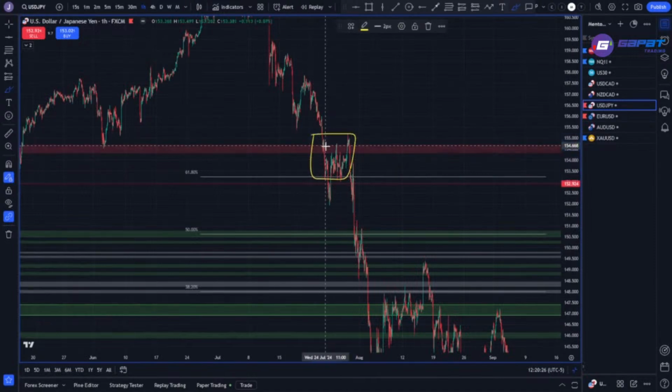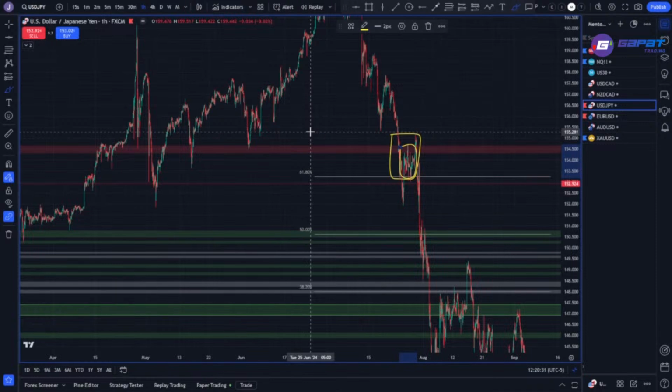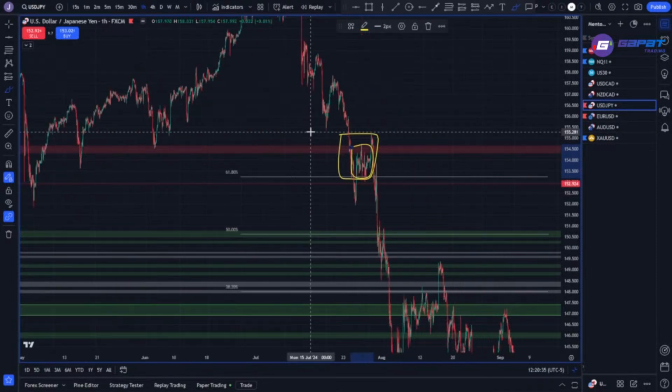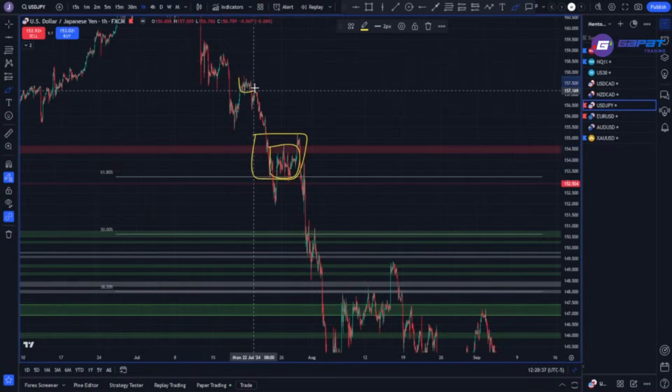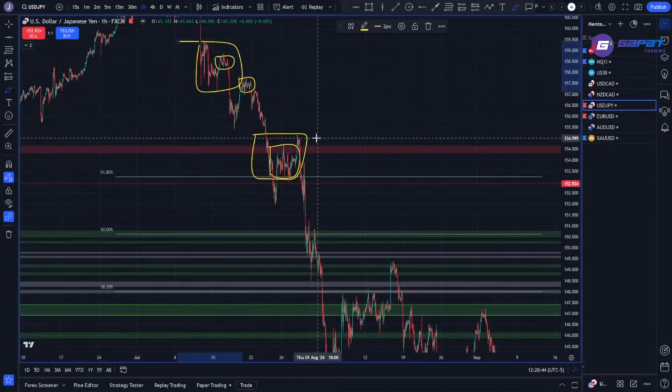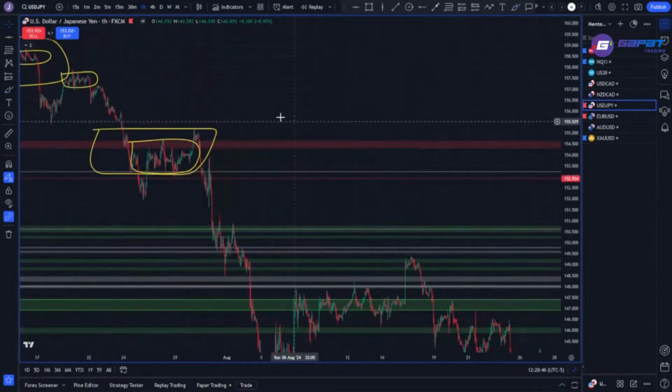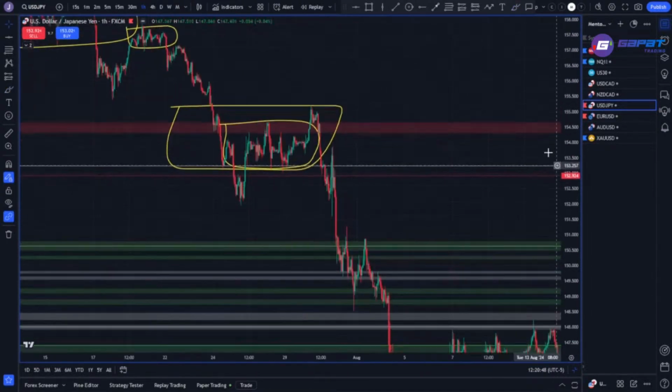So we have this bigger range, and then you have the smaller range inside of it. You seem to get these smaller ranges on the dollar yen, not any of the bigger ranges like on some of the other pairs. But as you can see, these principles still work.